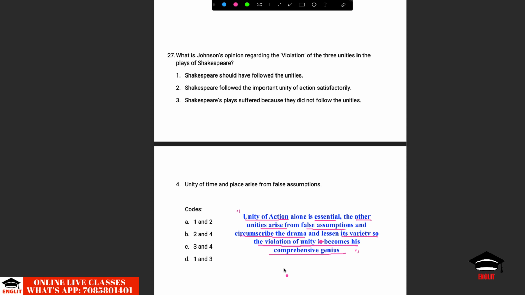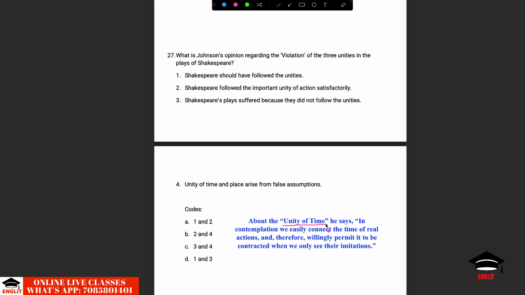He has led the drama to be true to the nature. About the unity of time, Dr. Johnson says, in contemplation we easily connect the time of real actions and therefore willingly permit it to be contracted when we only see their imitations. Since we are watching the imitation of action, tragedy is nothing but the imitation of action that is serious.